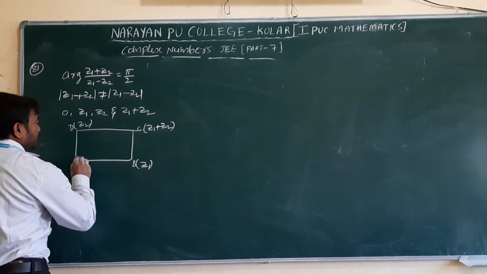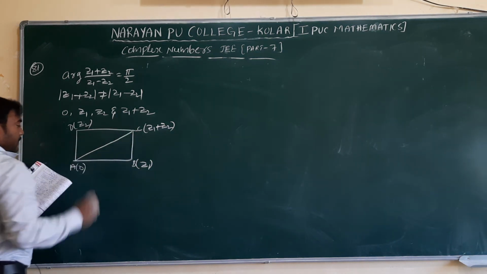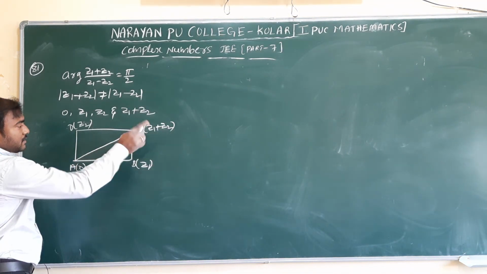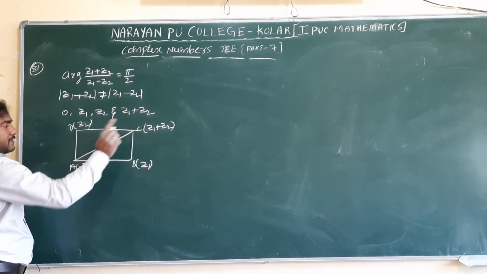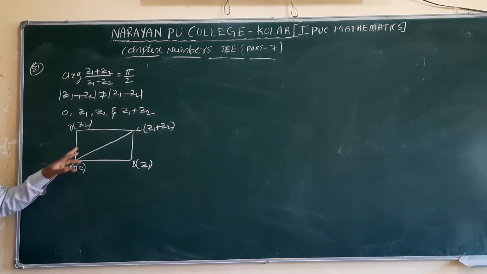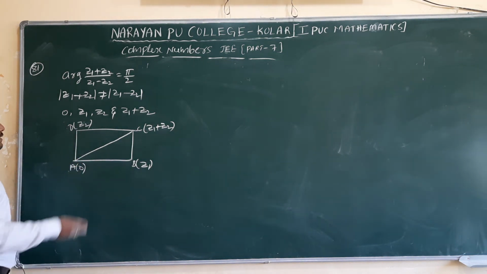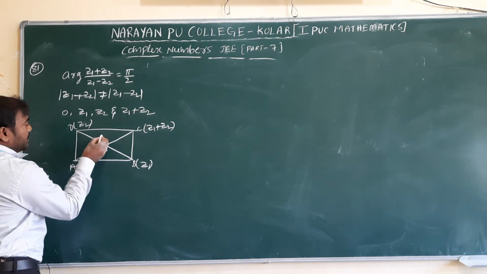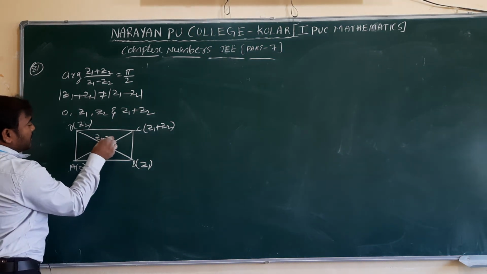Here, join A to C, so it should be z1 plus z2, because AC is equal to z1 plus z2, and DB is z1 minus z2.